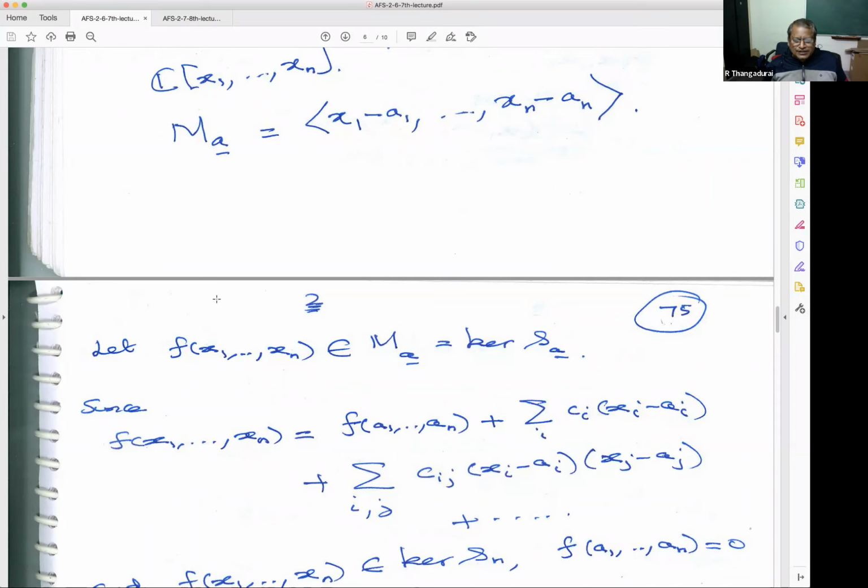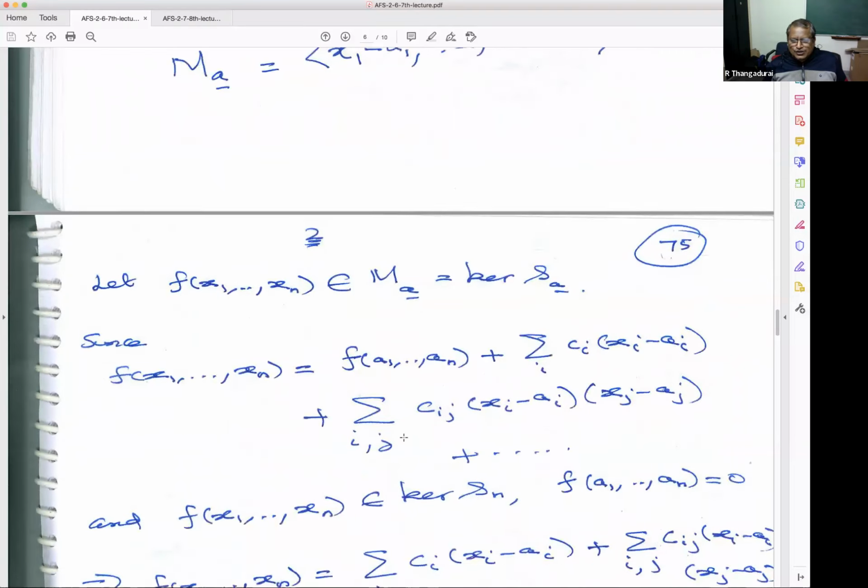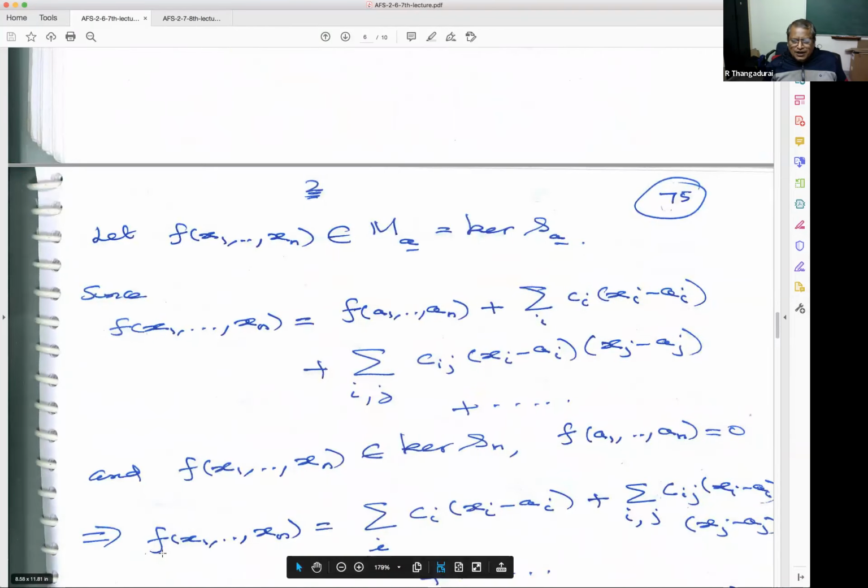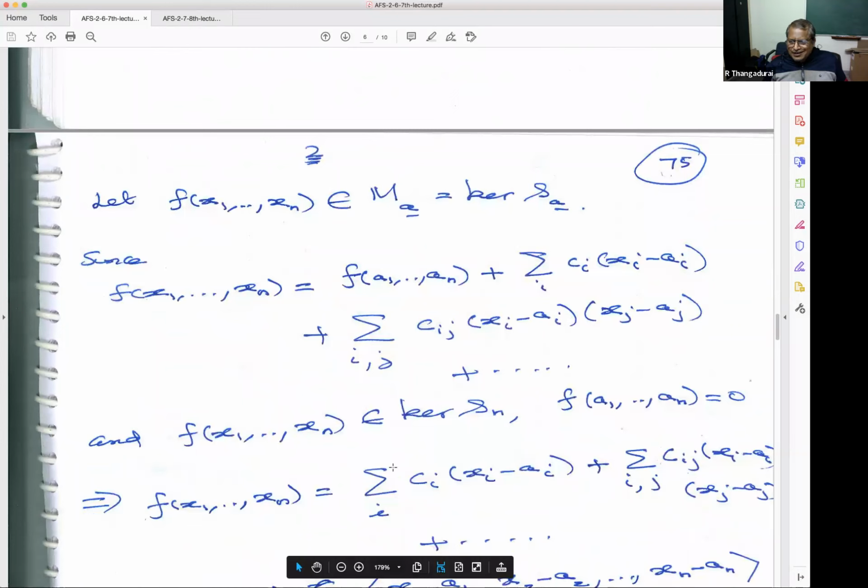Since f is a polynomial in the kernel of the substitution homomorphism, f(a1, a2, ..., an) is 0. So we can rewrite f(x1, x2, ..., xn) as just a linear combination of xi minus ai's, maybe with some products also.